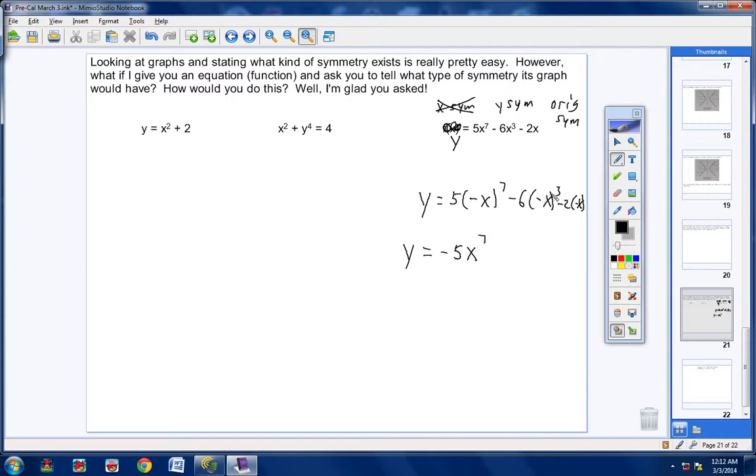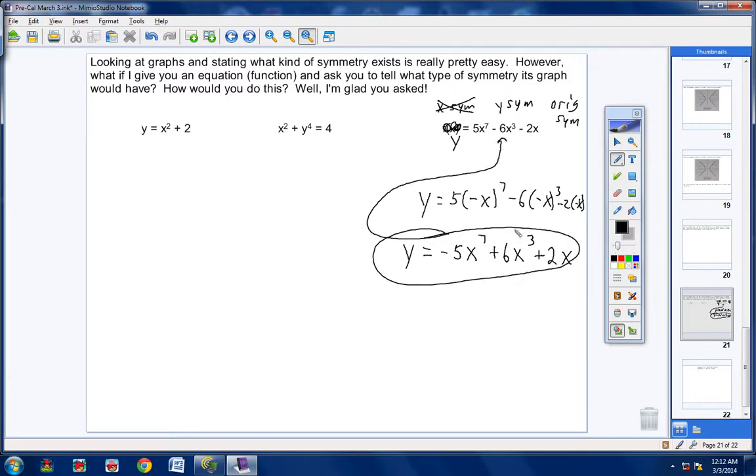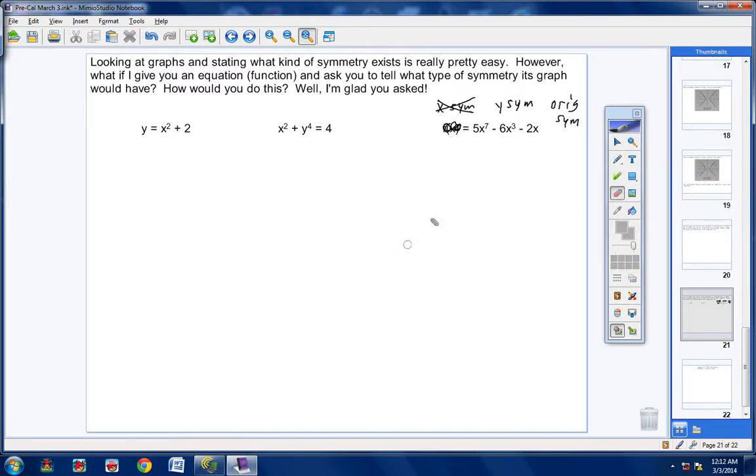Negative x to the 3rd power, negative x times negative x times negative x would be negative x cubed times 6, which will give you a positive 6x cubed. And then negative 2 times negative x is positive 2x. There is no way in the world that we're getting out what we started with up here. No way. So we do not have y-axis symmetry.